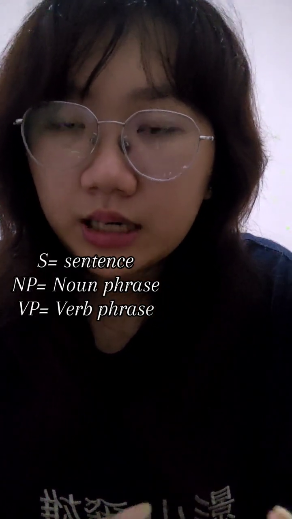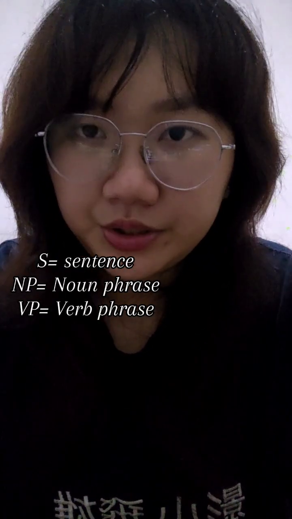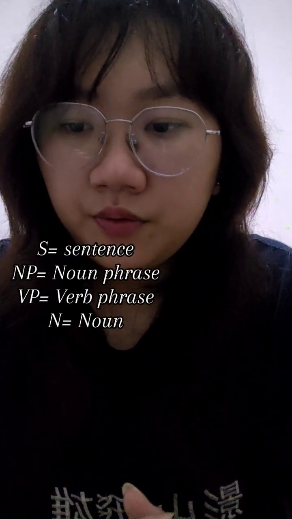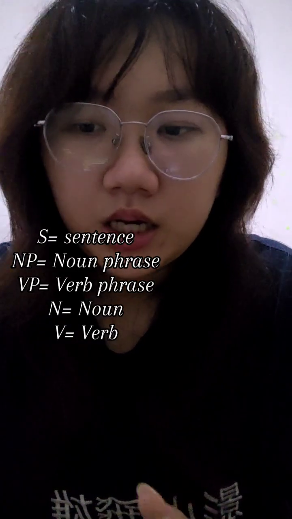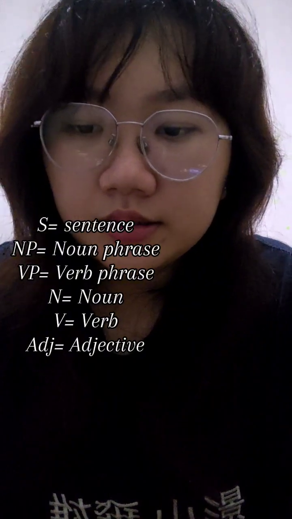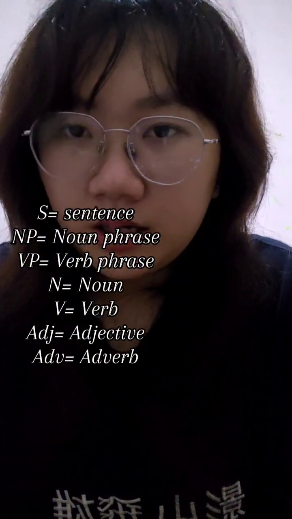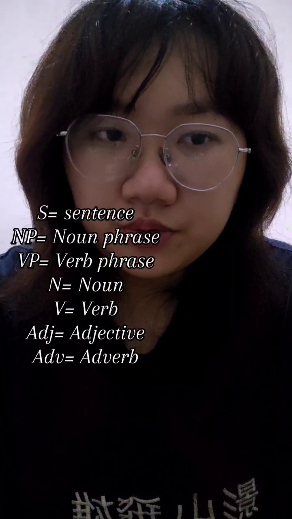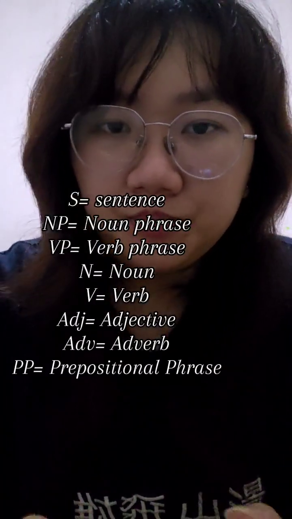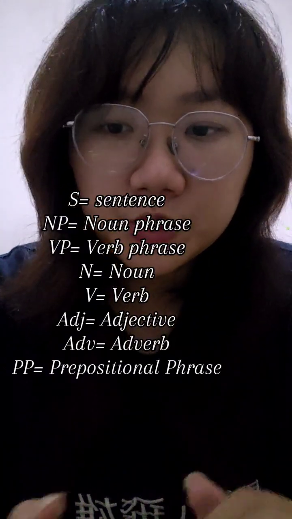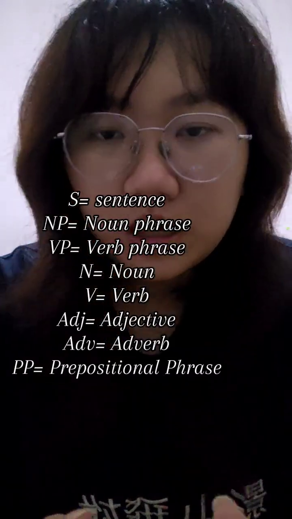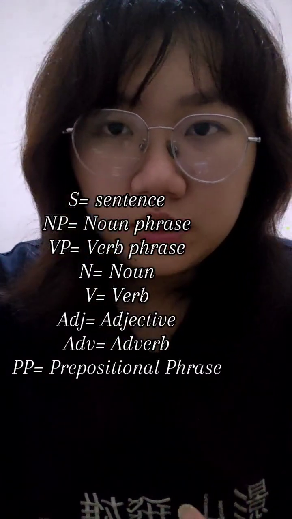Moving on to the word classes as well as the abbreviations, we have N as noun, V as verb, ADJ as adjective, ADV as adverb. And in addition, we have PP, the prepositional phrase. A prepositional phrase will have a noun phrase and also a preposition.